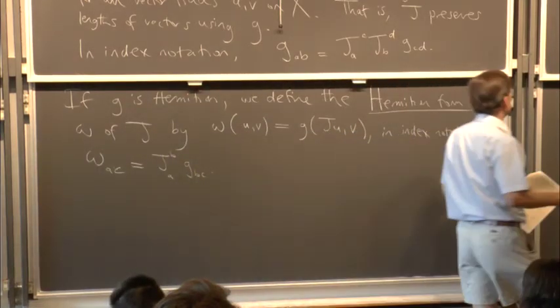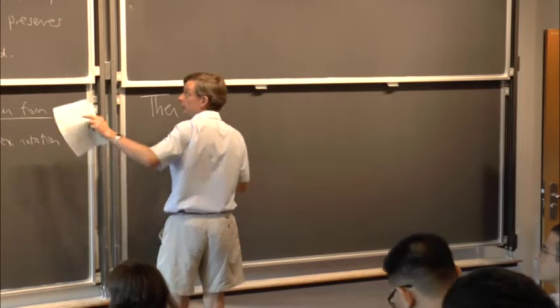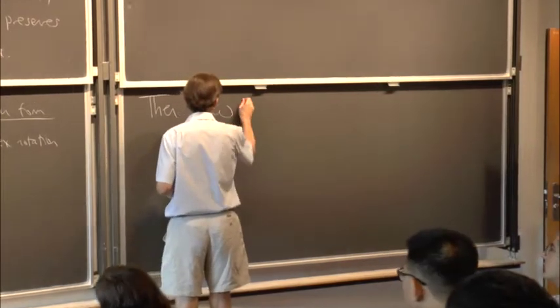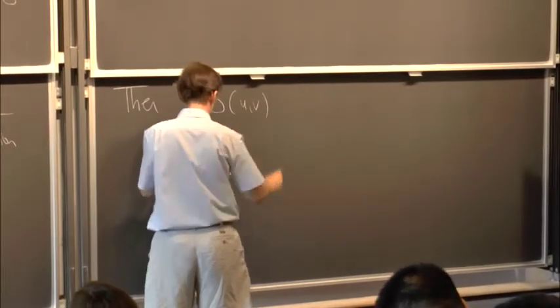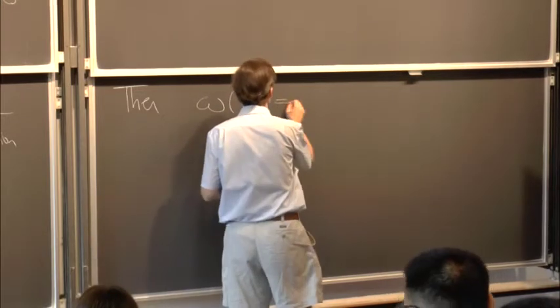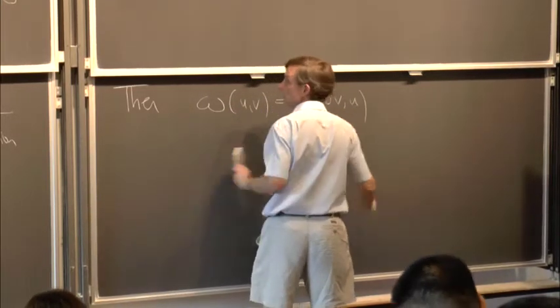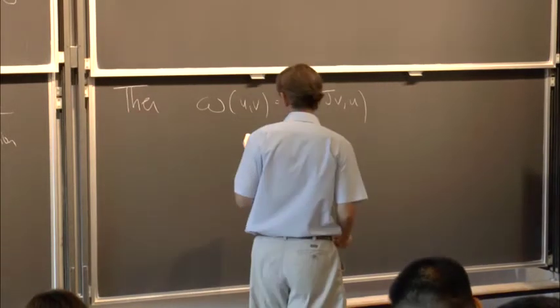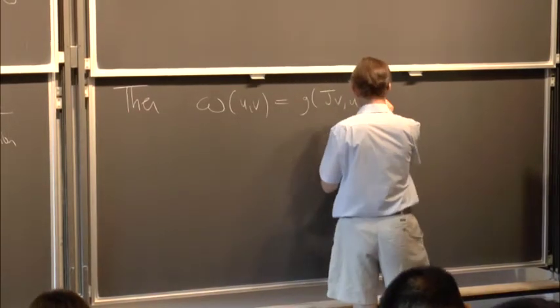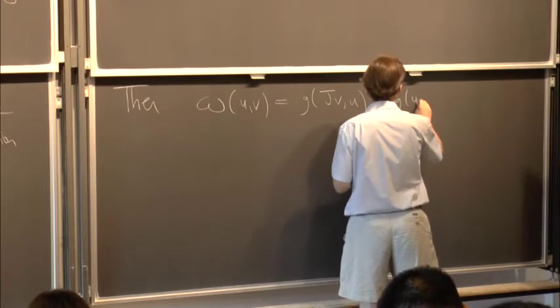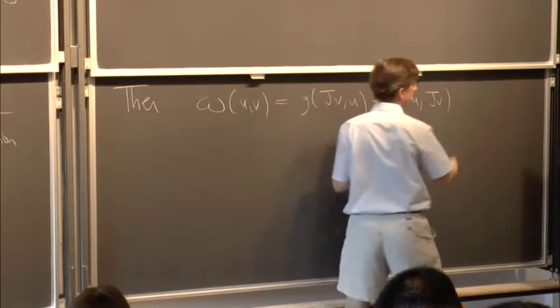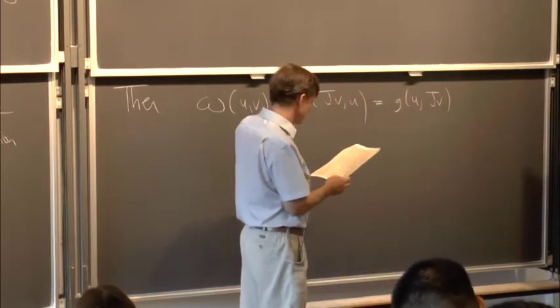Now let's look at vector fields u and v again. Omega(u,v) is g(Jv,u), just by definition, which is g(u,Jv), because g is a metric, so it's symmetric in its two indices.